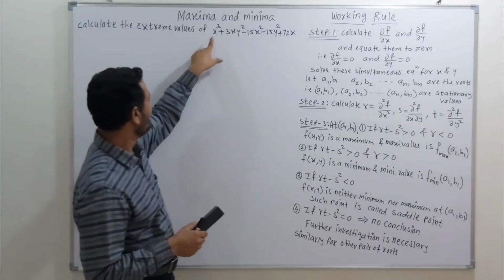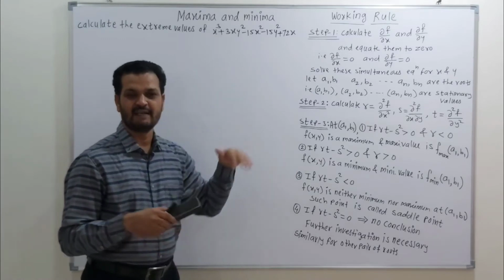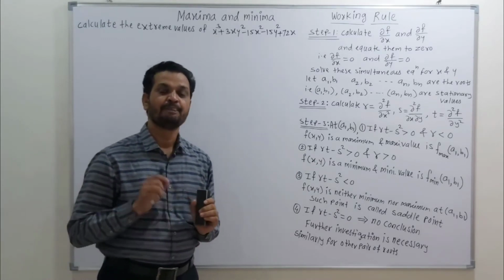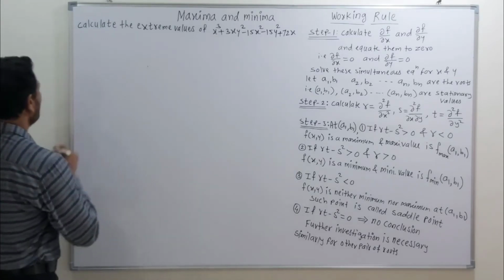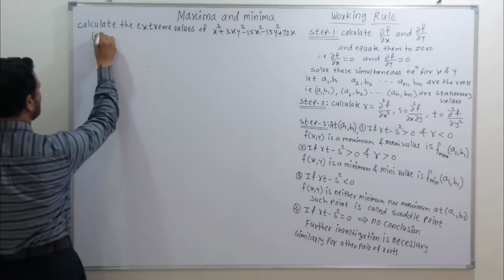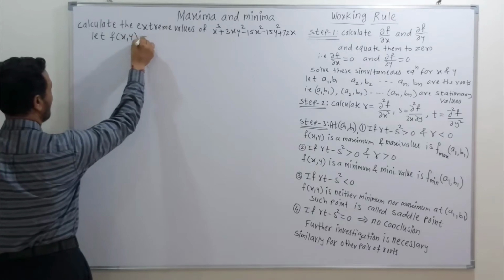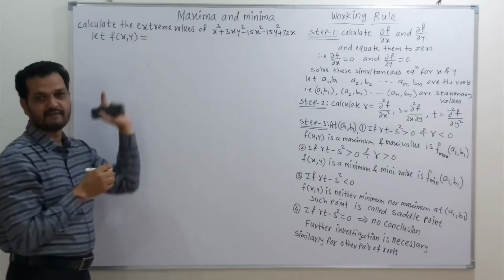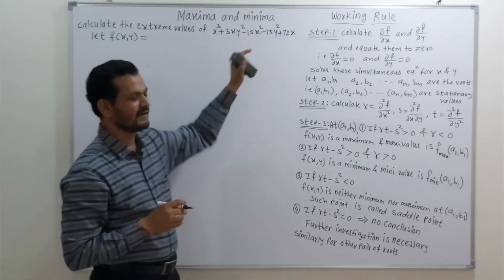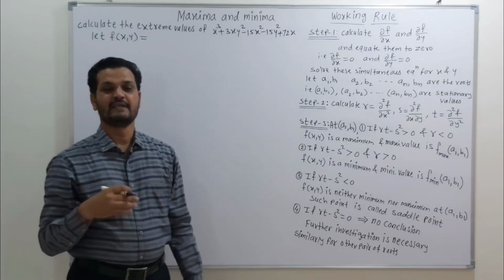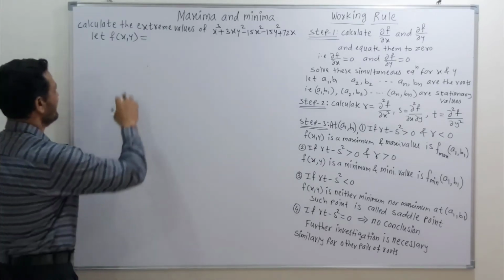So here the independent variables are x and y. That means we are solving an example based on two independent variables. Whenever we solve such an example, let's denote the given function by f of xy, because only x and y are present. That means the given function has two independent variables x and y.